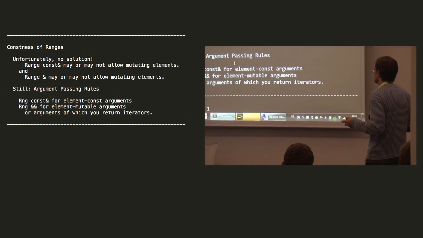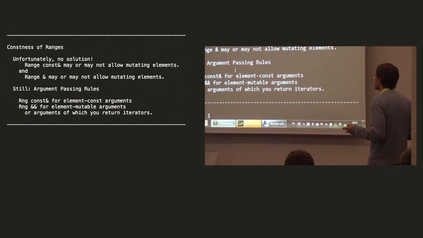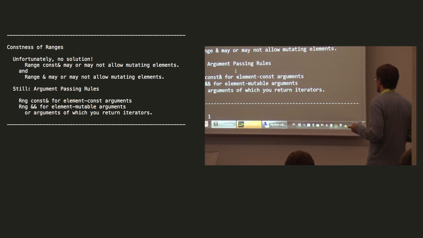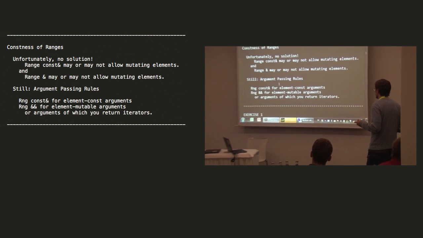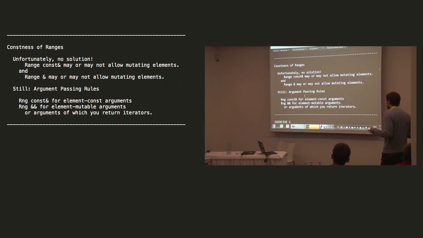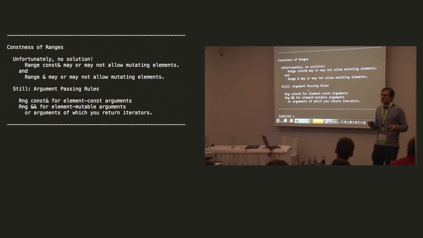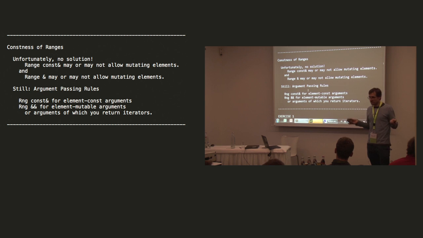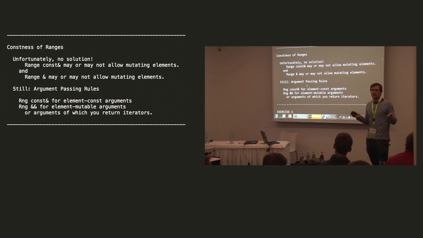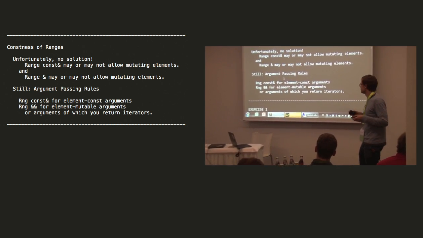Still, the argument passing rules right now are take a range const ref if you don't want to change the elements. Take the range ref if you want to change the elements, or if you want to pass out any strong iterators. This is the rule. Follow it when writing range algorithms, but there's no guarantee.